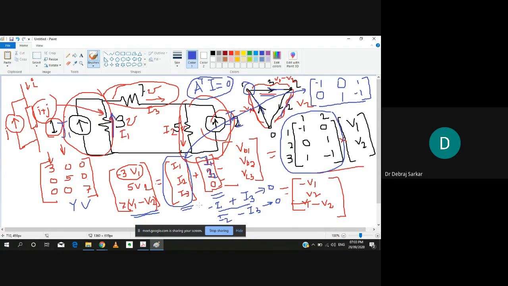So you multiply this J matrix with this A transpose.